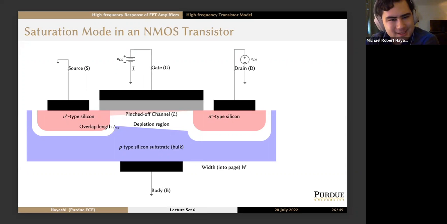So CGS and CGD, the ones at the top, come from the gate field effect, the origin of the transistor's name. But CSB and CDB come from the depletion capacitances from the p-n junctions within the device. So we have these p-n junctions, so we have a separation of charge. These are reverse biased, so we need depletion capacitances.